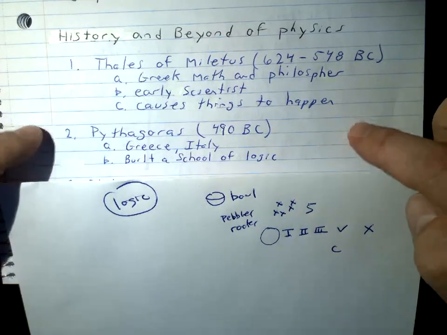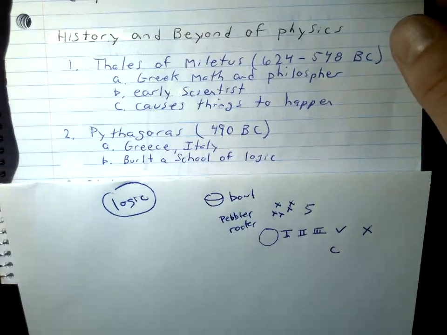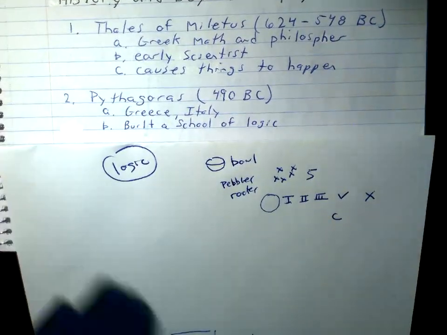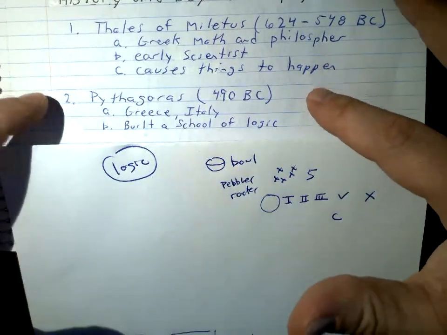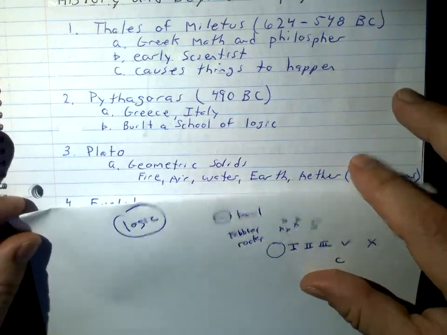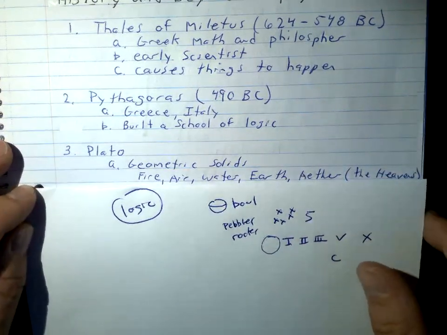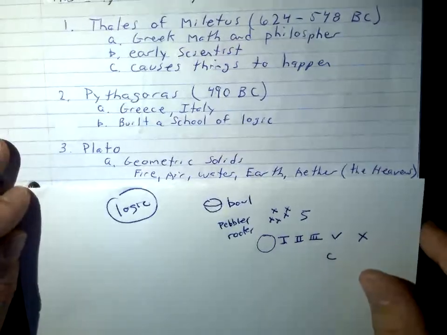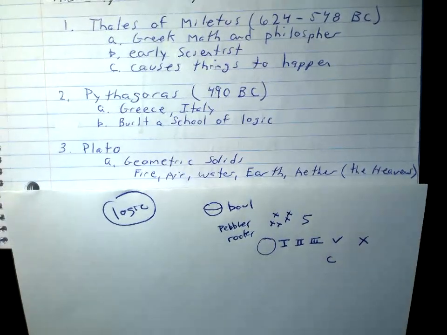And there's a lot more we could talk about here, but I don't have the time to do that. Then after that, a lot of good stuff opened up here. Then a fellow called Plato came about, and he opened the world of geometric solids. And there's a lot more here that we can talk about with Plato and Plato's Republic.